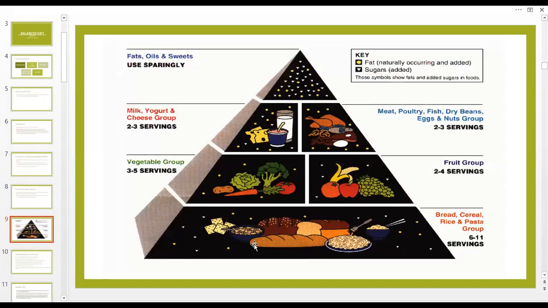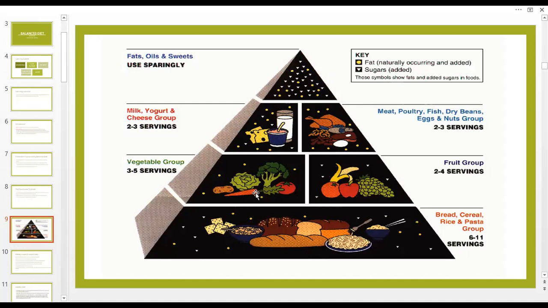We can see that the base of the pyramid is formed by the bread, cereal, rice, and pasta group, and it forms the chunk of the diet. This group provides us with fiber, the unrefined carbohydrate fiber, and also some vitamins and minerals.